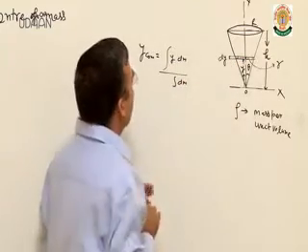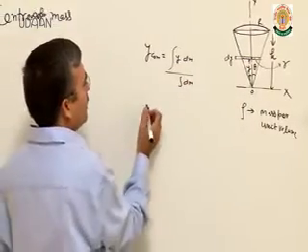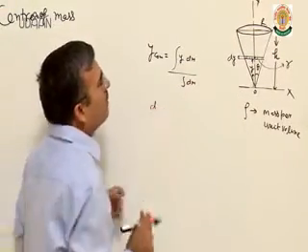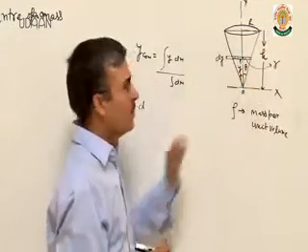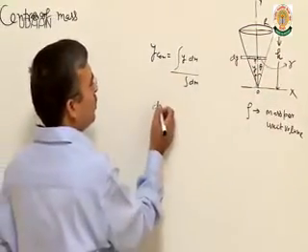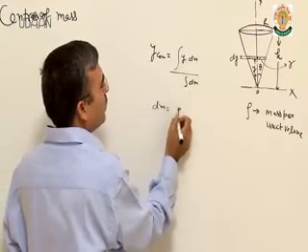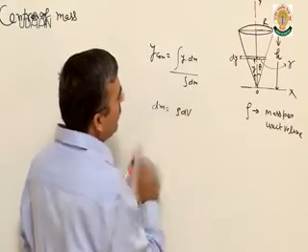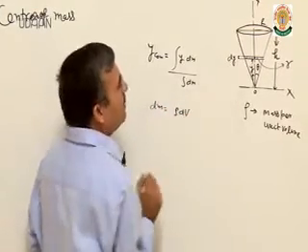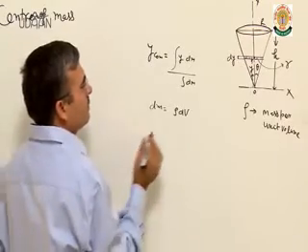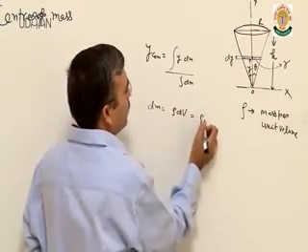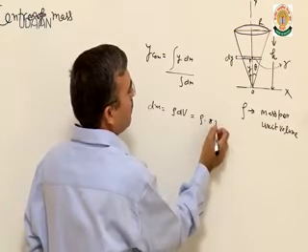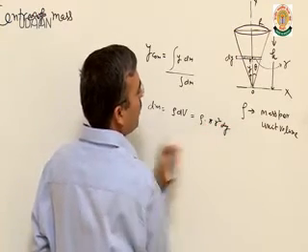Now dm, mass of this element, let rho be the mass per unit volume of this cone. So dm will be rho into dv. dv is the volume of this elementary disc. Clearly, dv will be pi r square into dy.